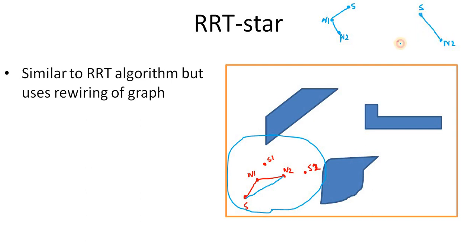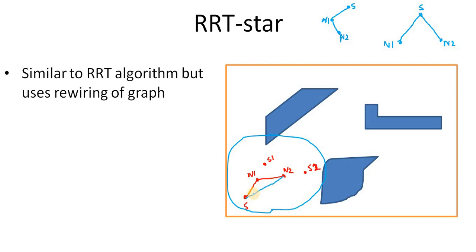Okay, so now we have nodes N1 and N2, and both have parent S. But previously, with the RRT algorithm, N2 has parent N1, and N1 has parent S. In the RRT star algorithm, we rewired our graph. We said, if we find a better, shorter solution, we should change the parents.